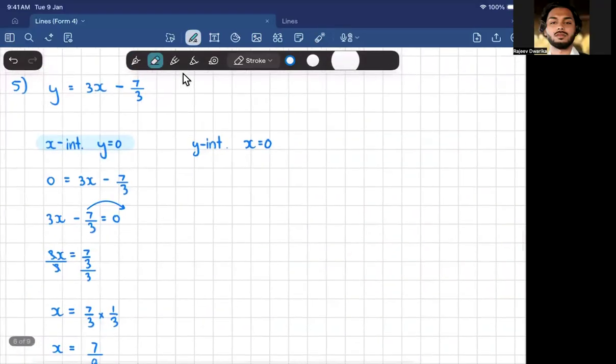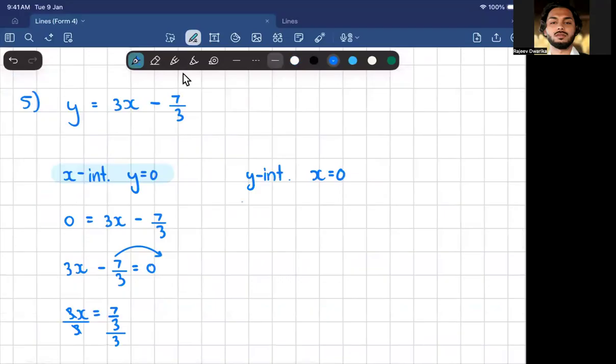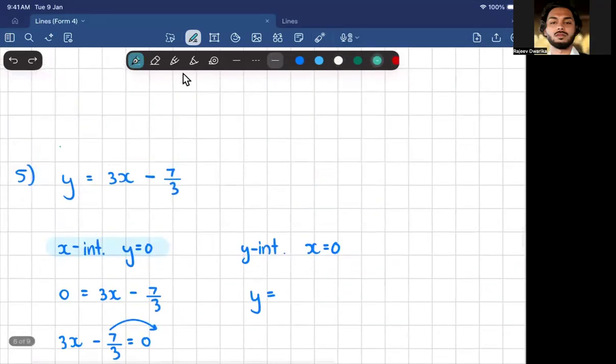Right. Now, to figure out where the graph cuts the y-axis, all you have to do is read off the c value from the equation of the line. So what's the c value over here? Yeah, what's the c value? So remember, the equation of a line is y is equal to mx plus c.